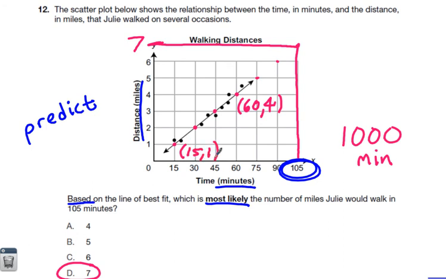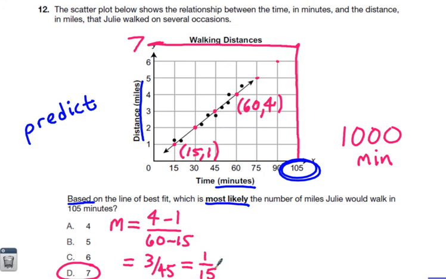So when I use those coordinates to come up with a slope, that's going to be 4 minus 1 all over 60 minus 15, which is 3 over 45, which should reduce to 1 over 15.